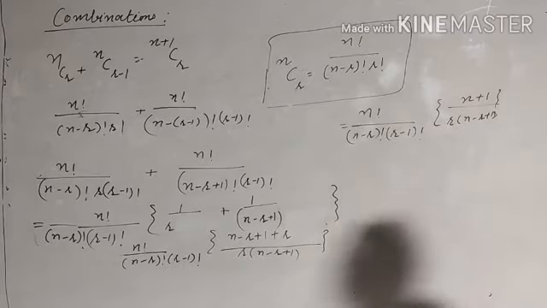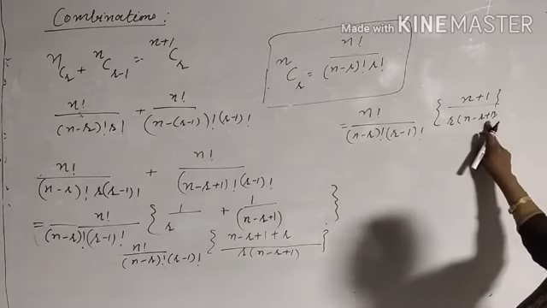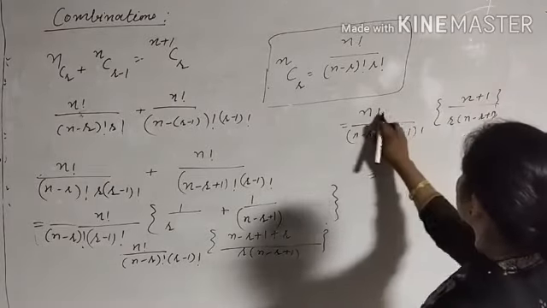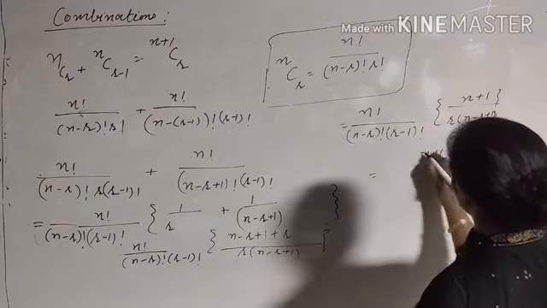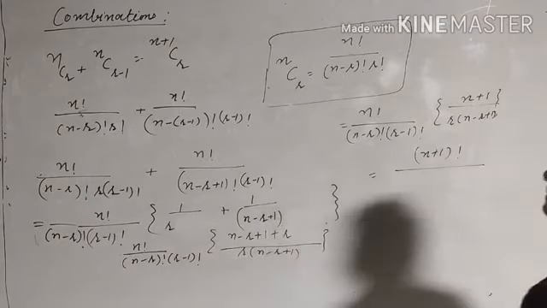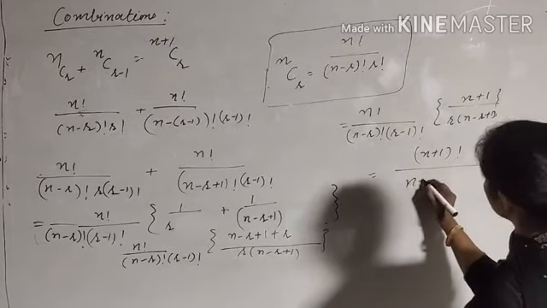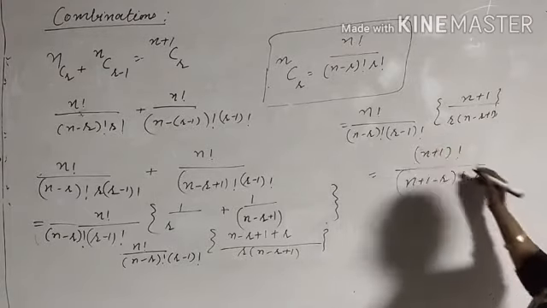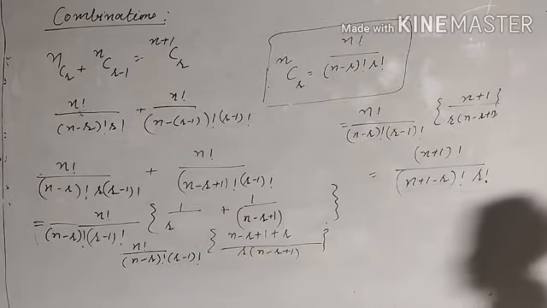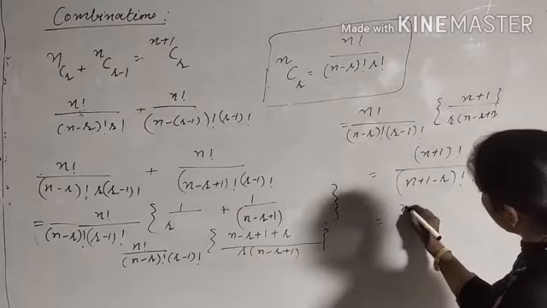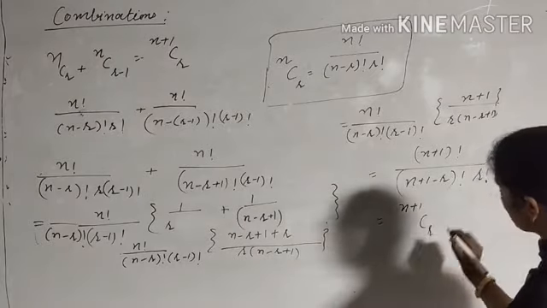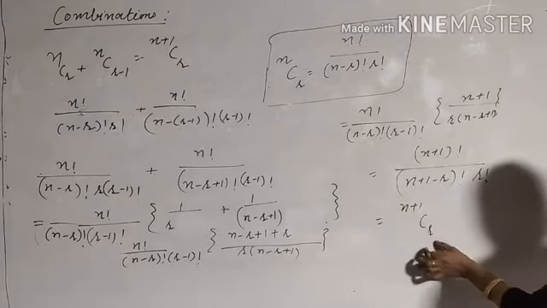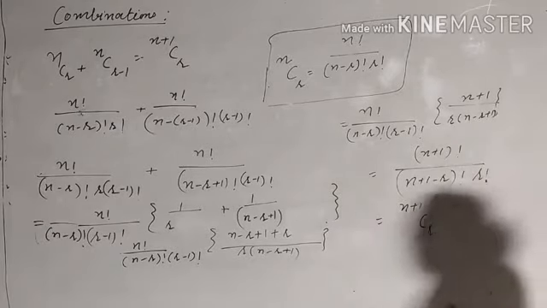Right? Now what is this? (n minus r plus 1), (n minus r). So (n plus 1) into n factorial is (n plus 1) factorial, divided by (n plus 1 minus r) factorial into r factorial. So what is this? This is (n plus 1)Cr.